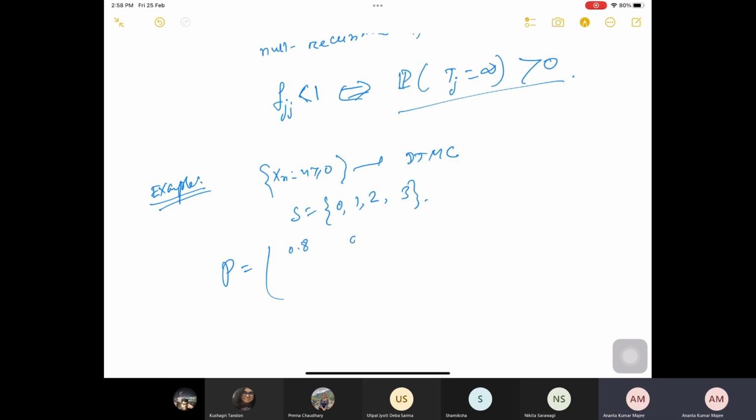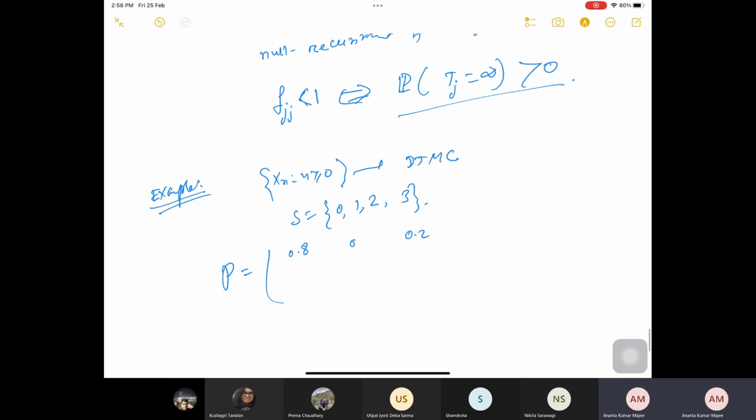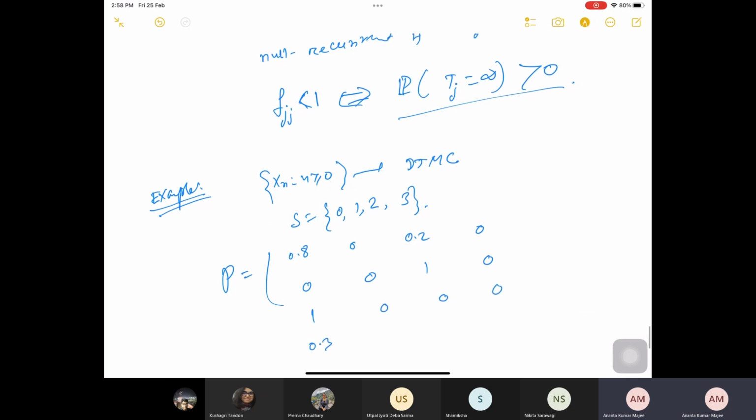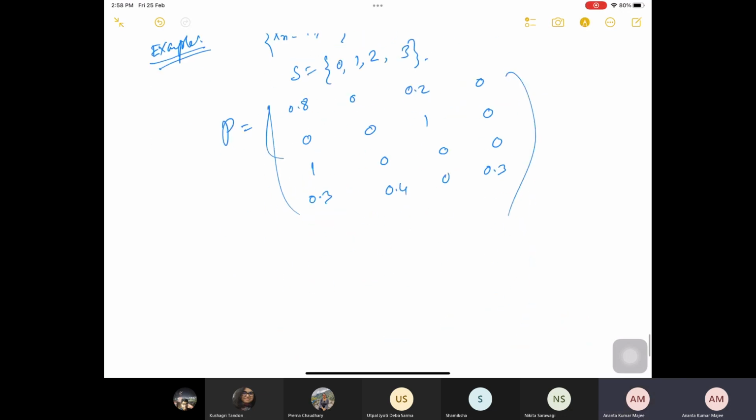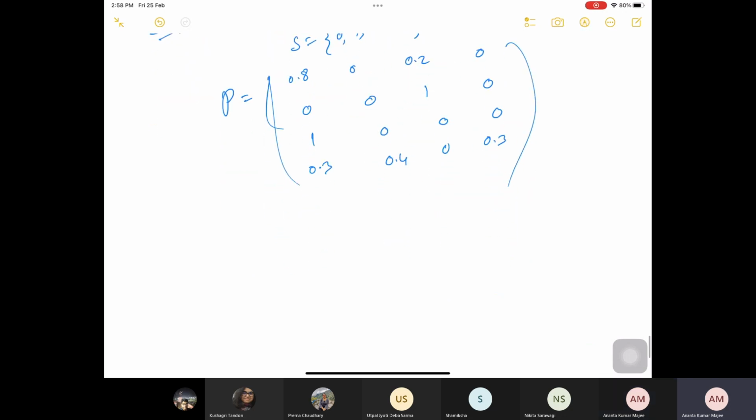The rows are: 0.8, 0, 0.2, 0; then 0, 0, 1, 0; then 1, 0, 0, 0; then 0.3, 0.4, 0, 0.3. You can make many examples yourself. Okay, this is the transition matrix given to you.